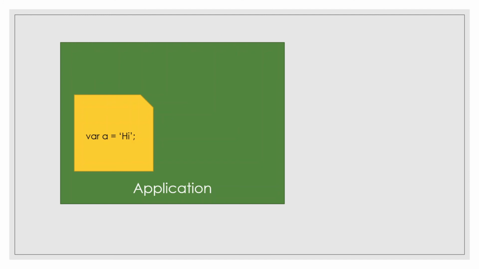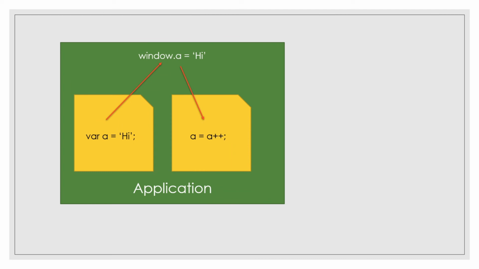It is spilled over to the window object and you have window.a equals high. You have another file worked on by another developer who is doing some manipulation on the a variable. Then you will run into a buggy situation. To avoid this kind of situation, you should use let so that it will not spill over to the window object or global object.